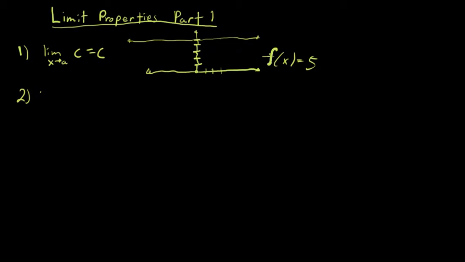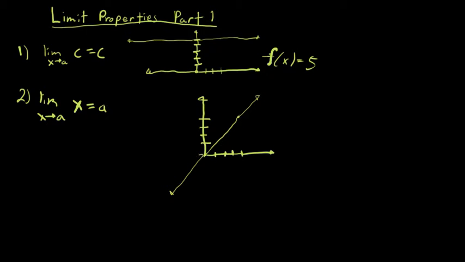Okay, the next property is the limit as x tends to a of x is equal to a. To illustrate that, I'm just going to go ahead and draw the function g of x is equal to x, and it continues for negative values of x like that.